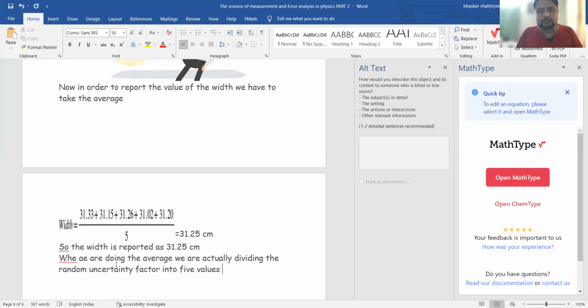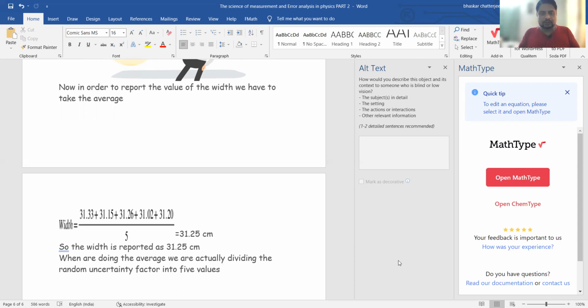If we divide 10 objects among 5 people equally, each one is going to get 2. So when you are dividing all the values by the total number of observations, you are dividing the uncertainties that are inherently coming in the measurement process into 5 values.